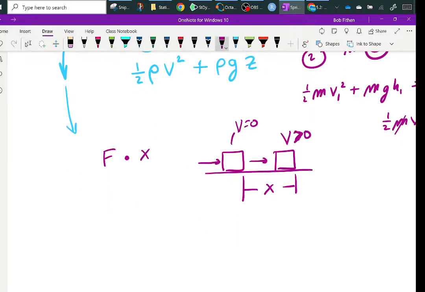Now let's imagine this block is a disc. And this disc is being pushed on the backside by a higher pressure, and this disc moves.